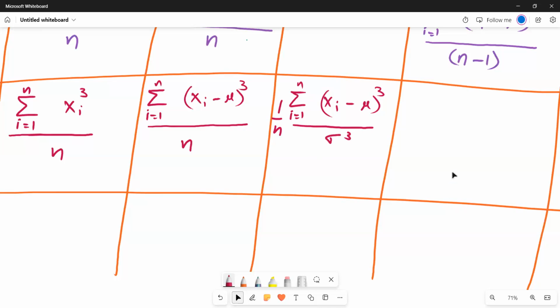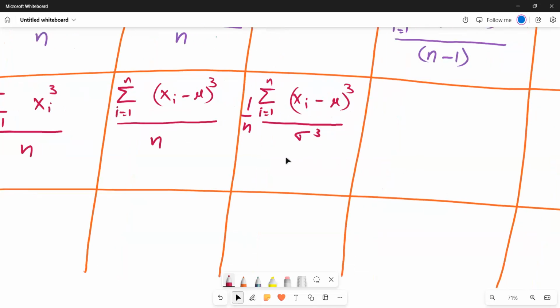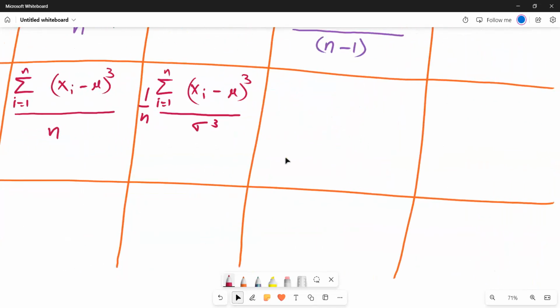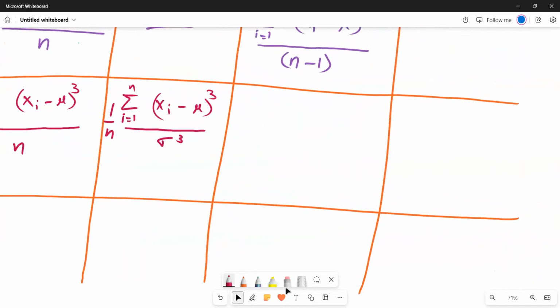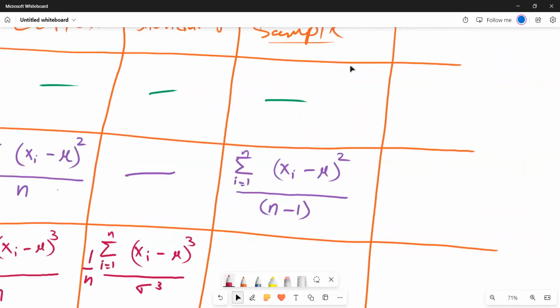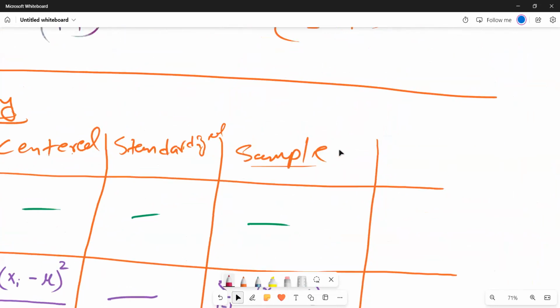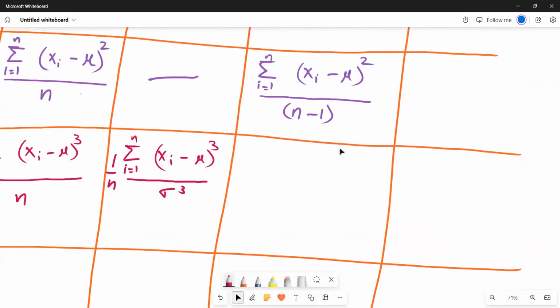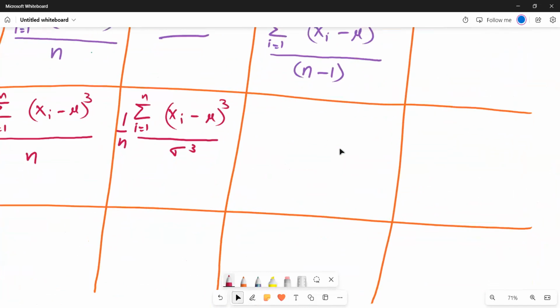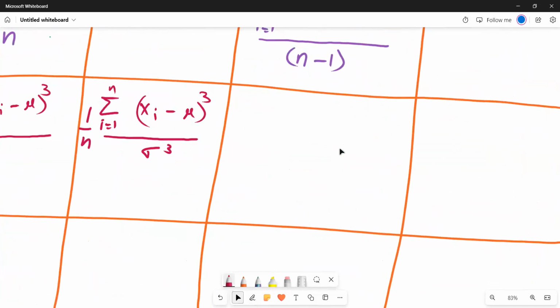Right, then we have the centered and standardized part, and the sampling adjustment part, right? This is the sampling adjustment that needs to be done on this particular formula, and the amount of sampling adjustment that needs to be done is as follows.